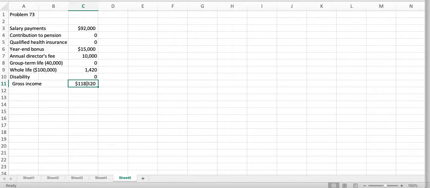The whole life premium, you'll have to look back in your book. It'll show you how to calculate that. Let me see if I can find it quickly for you. If I can't, then I might show it on the next video, but I can assure you it is in the chapter on how to calculate life insurance premiums.